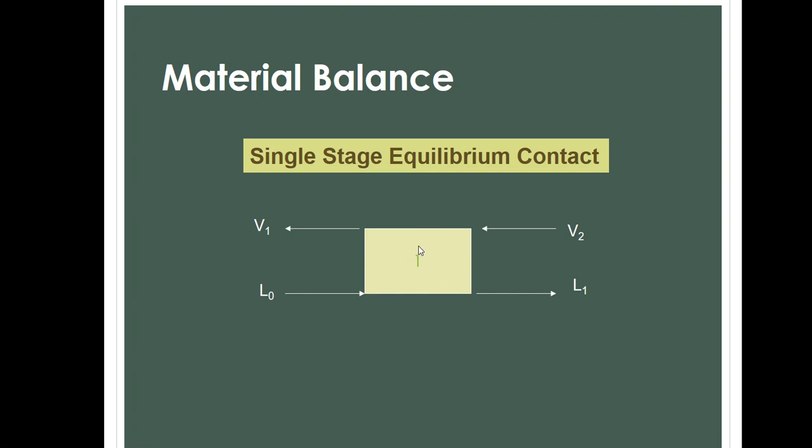So that's 1. Whereas the phases that enter the single stage contactor are also labeled based on the stage where they came from. So this must be coming from stage 0 because it's entering stage 1. This must be coming from stage 2 because it's entering stage 1. So again, the same principle applies.